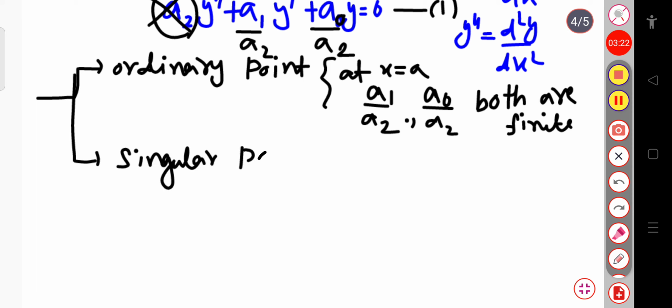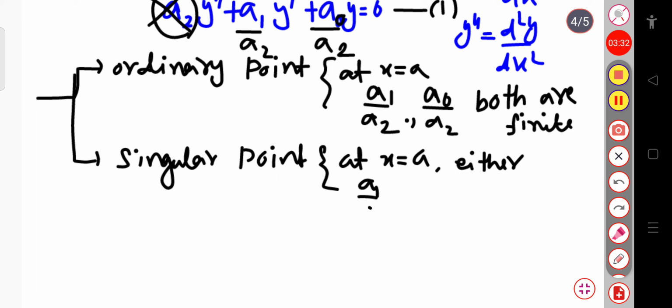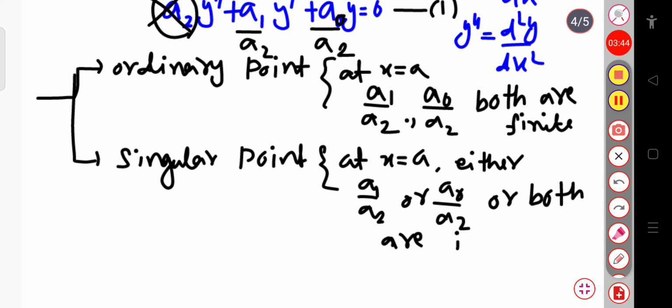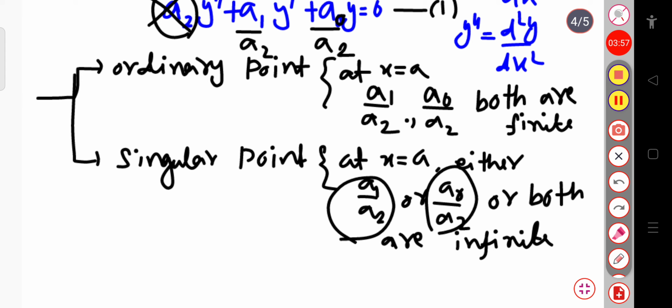Similarly, at any point x equal to a, if either a1 by a2 or a0 by a2, or both, are infinite, then we can say that there exists a singular point. So we have to check either one of them or both.